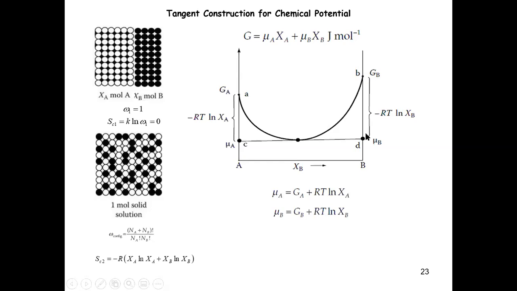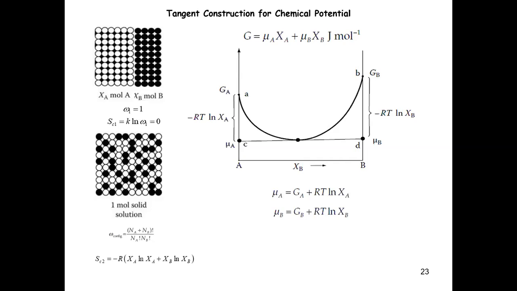A more difficult way, which I'll leave as homework, is to go back to the free energy curve, do the derivative and some mathematics, and we will see that the intersection is exactly mu A and mu B based on the expression.